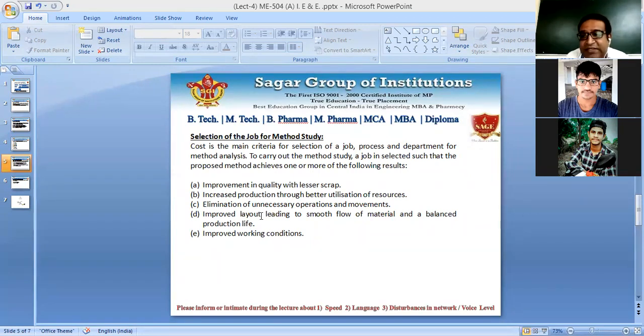What we are going to get in the form of results is improvement in quality with lesser scrap. With lesser scrap means the third bin जिसकी मैं बात कर रहा था, rework के बाद भी जिसको हम finished में नहीं ले सकते, that has to be reduced because that includes cost. अगर मैं 10 आइटम बना रहा हूँ, 10 जॉब पीसेस को बनाने के लिए रॉ मटेरियल लगा रहा हूँ, और अगर 9 या 10 के 10 अचीव हो रहे हैं, तो मेरे पास या तो 0 स्क्रैप है या 1 स्क्रैप है.